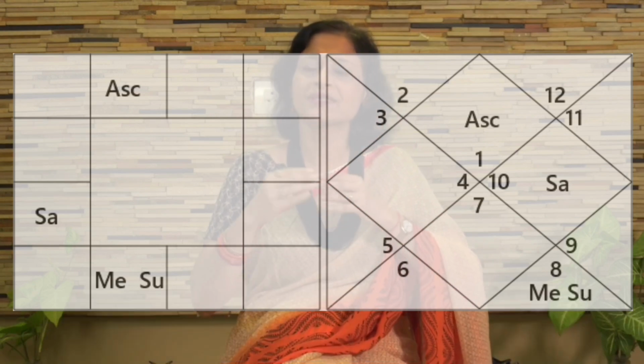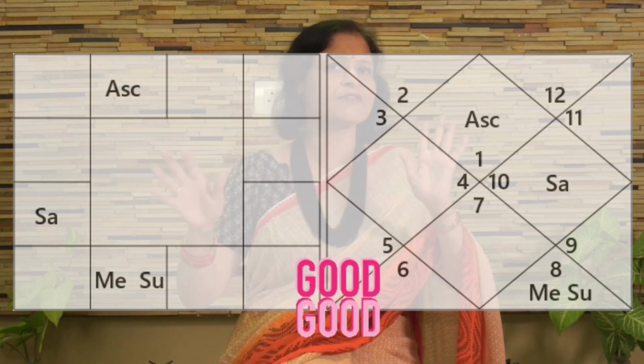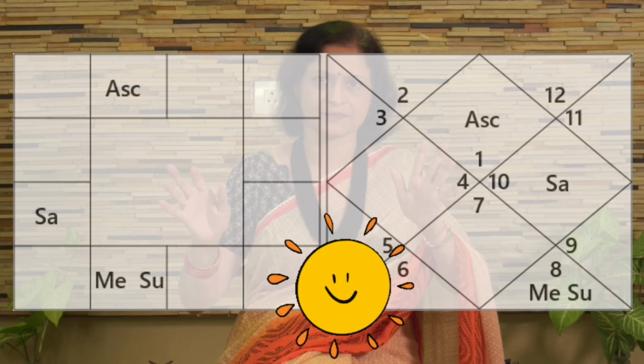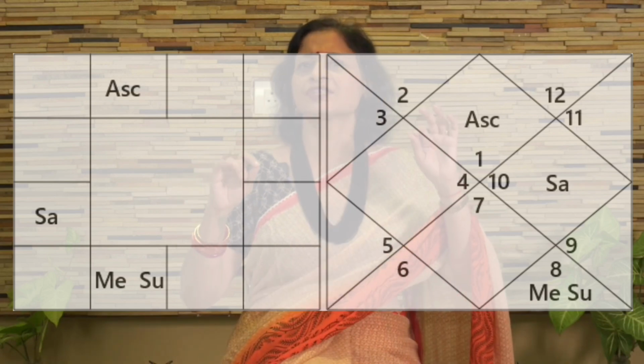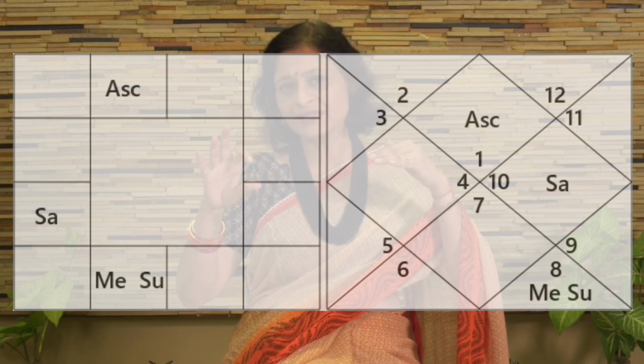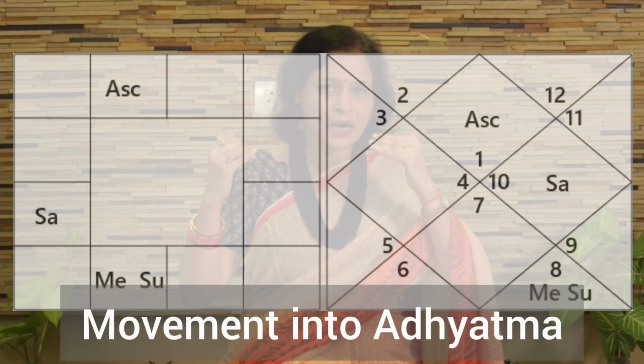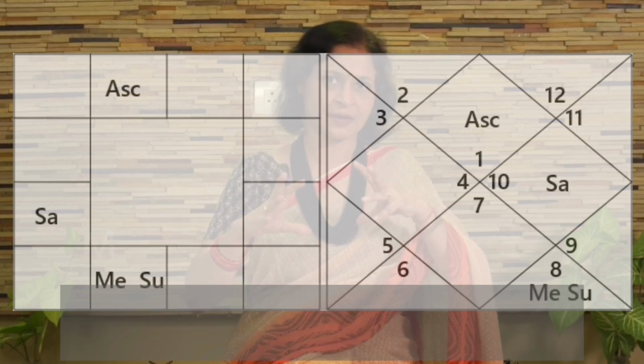That is something we can say right from the go. Now, as I said, the Mercury Sun period will be good because Sun is in a friend's house, it's happy. Okay, it is Shant. So that period can give the person some knowledge, some movement into adhyatma, because again it's in the 8th house.